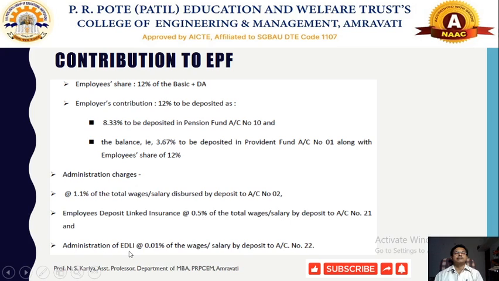The administration of the EDLI scheme, which is related to certain activities governed by the administrative activity of that ESIC, is only 0.01% of the total wages. So in this way the overall contribution of EPF is calculated, and finally it should be distributed among the insured members, meaning the employees.